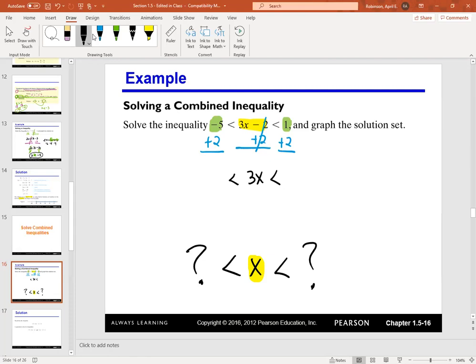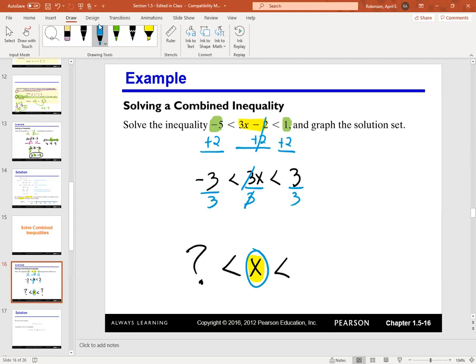Let's see, 1 plus 2 is 3 at the right end, and -5 plus 2 is -3 at the left end. And now I would divide this by 3 to cancel it out, and boom, there's the x right here. X is by itself in the middle, but I have to divide both ends by 3 also.